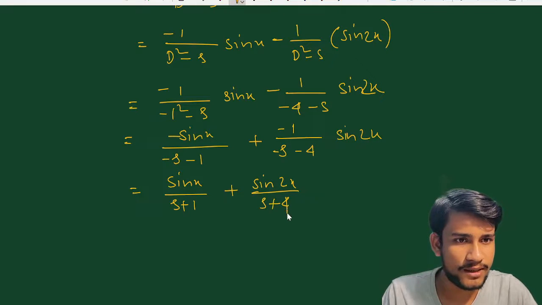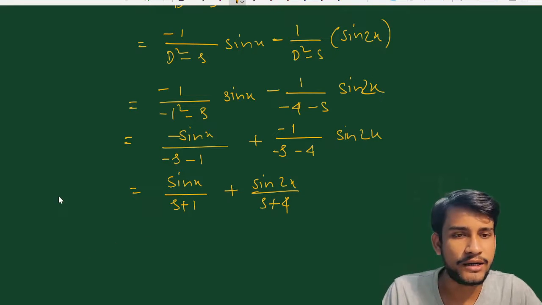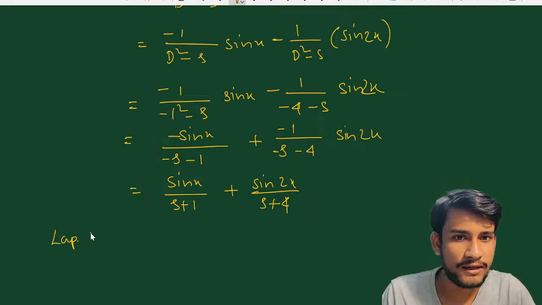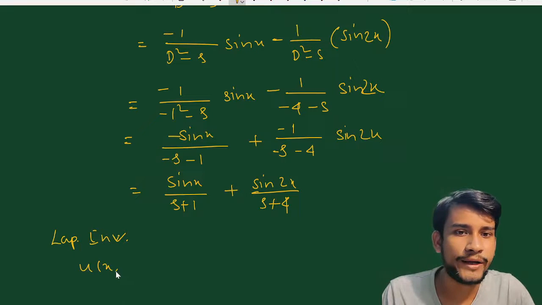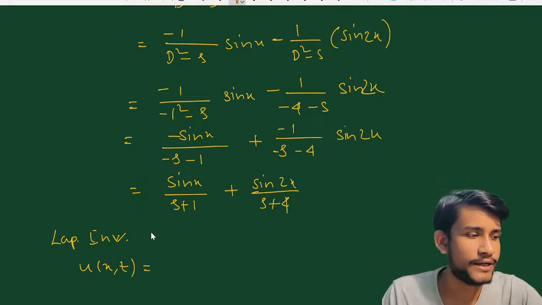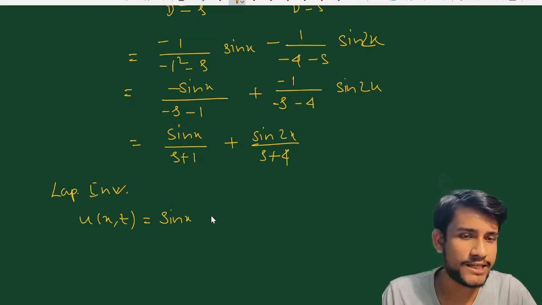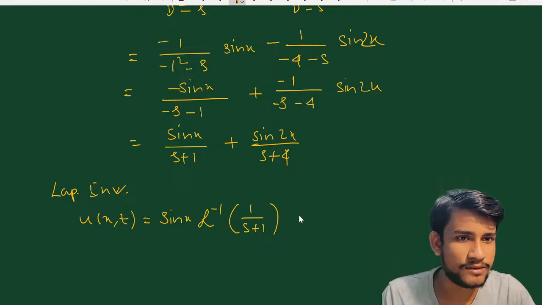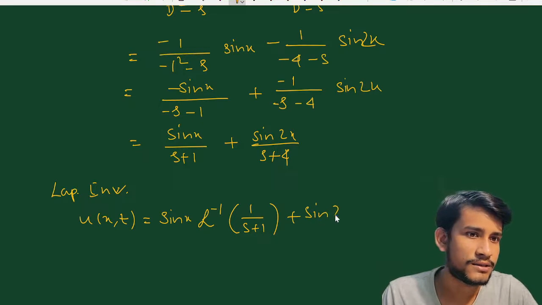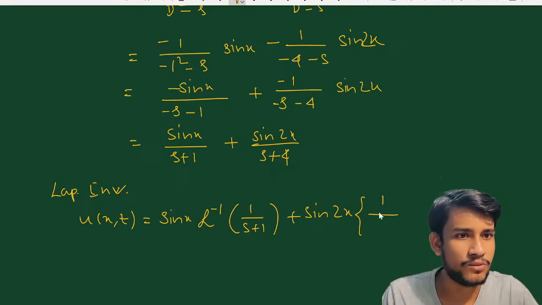Clear? So now if we take the Laplace inverse, then u(x,t) is equal to, we get sin x, because the inverse Laplace will not apply on x, L inverse of 1 by (s plus 1) plus sin 2x into L inverse of 1 by (s plus 4).